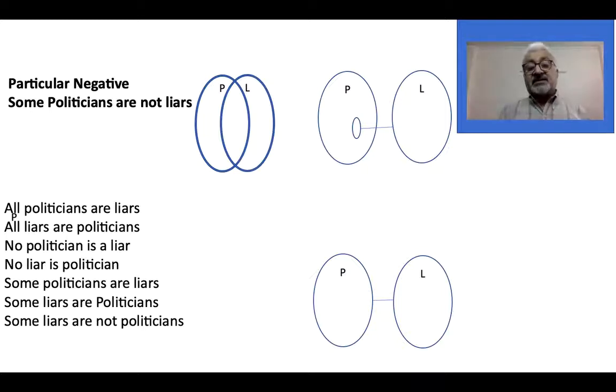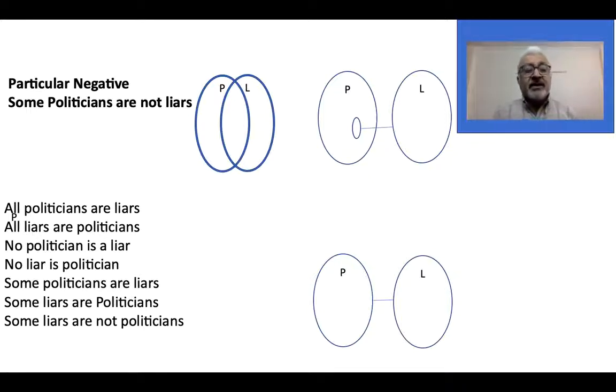Answer is yes. Although it depicts no politician is a liar, even one part of politicians is away from liars. Therefore, this can also be taken to be true in case of some politicians are not liars. I hope you're able to understand this.